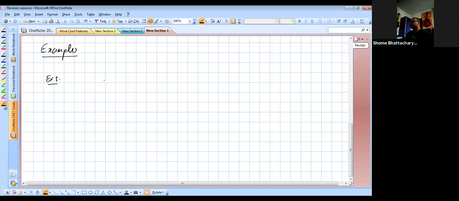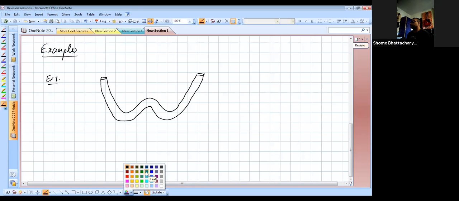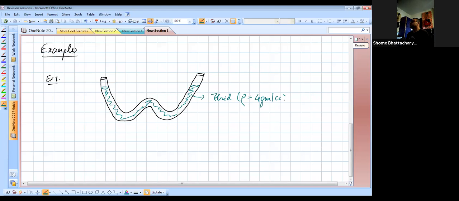So now suppose we have this kind of a situation. This is a fluid of density, let us say 4 gram per cc.